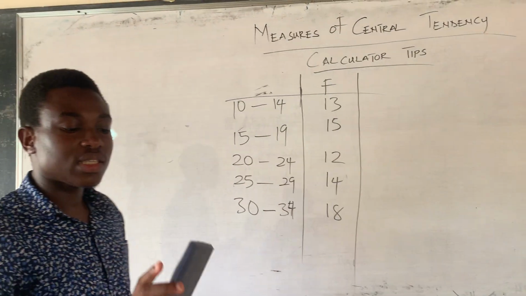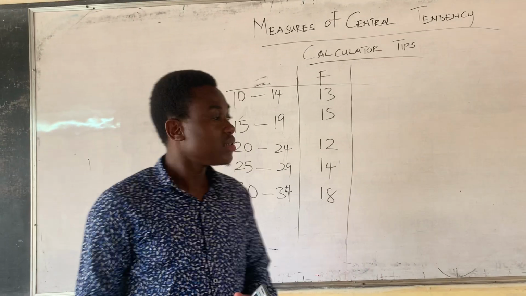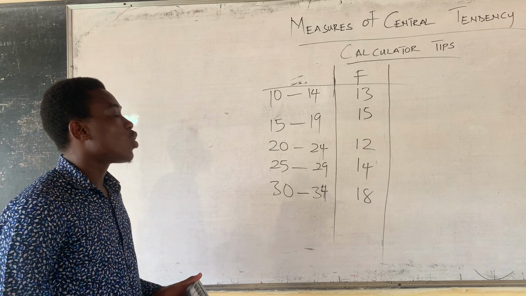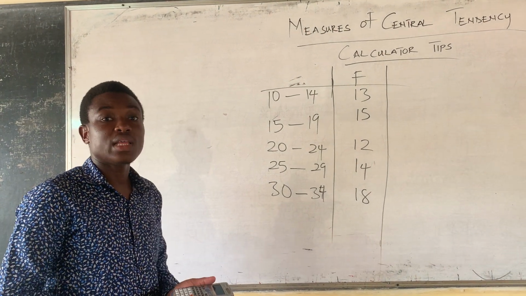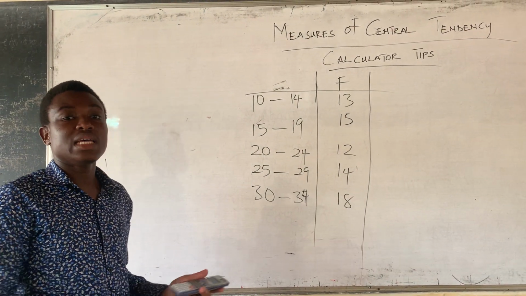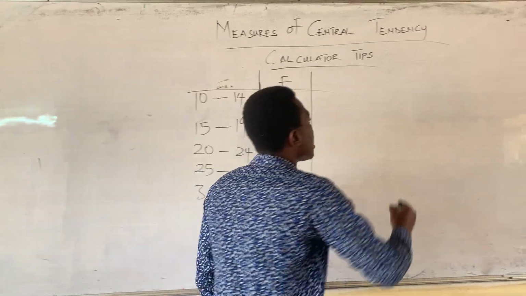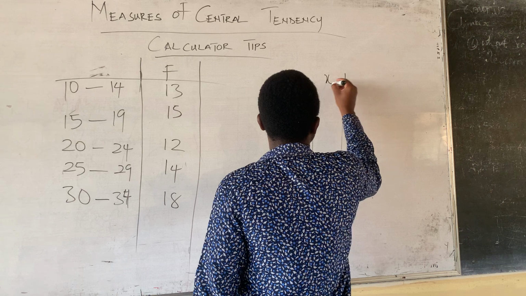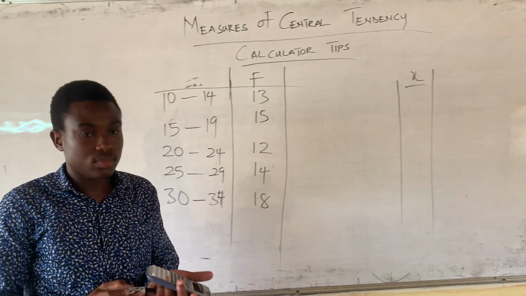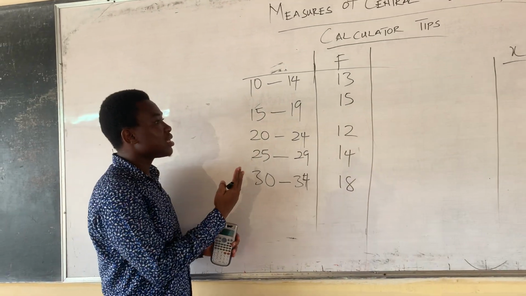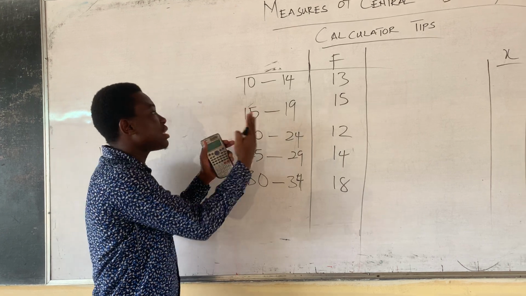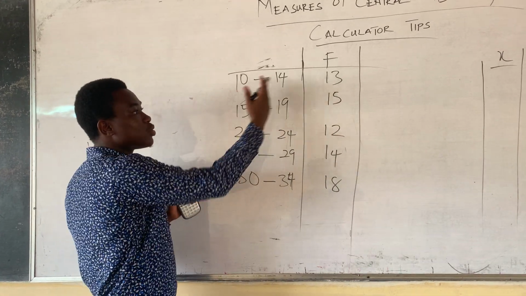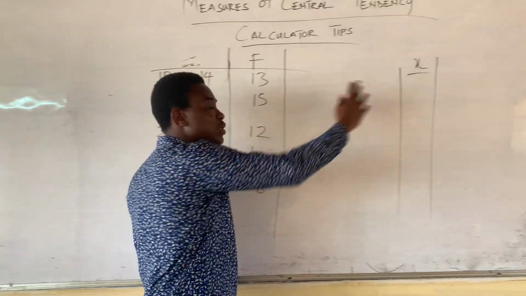So the first question that will come to mind regarding this is, how are you going to enter your data? Because when we go to the calculator, when we go to the start mode, then select one var, all that we get is one column with X on top. But over here, the data is from somewhere. It has a beginning and it has an end, so a range has been provided. So from 10 to 14, how do we go about that on the calculator?